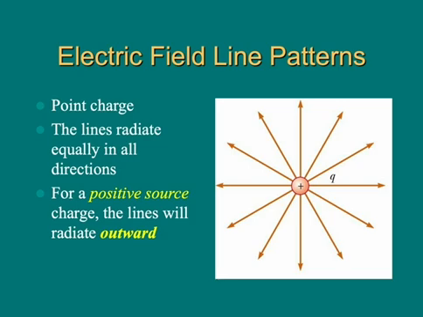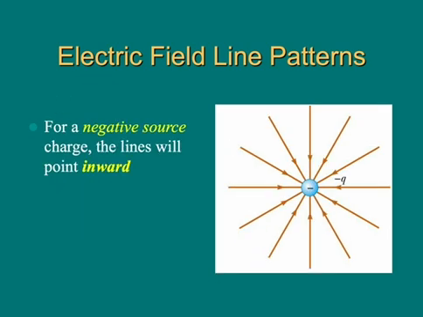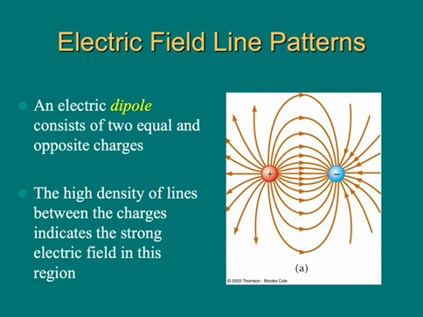If we have one point charge, the electric field goes radially outward. If we have a negative charge, the electric field lines point radially inward. If we have a pair of positive and negative charges, we call it a dipole.